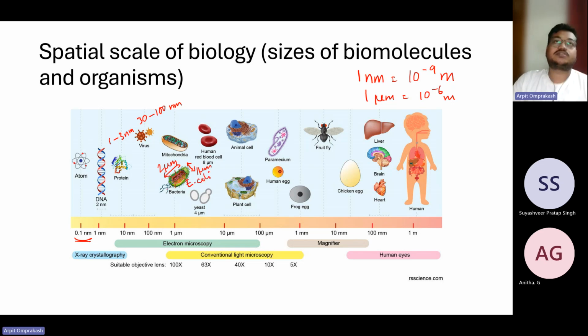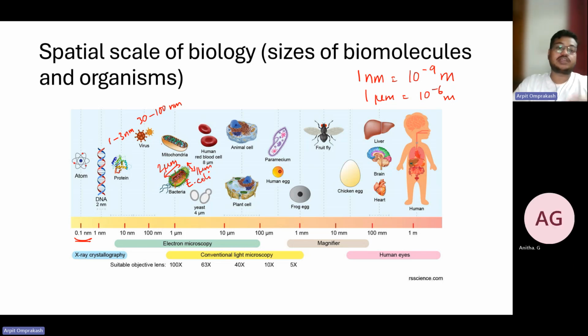Some of these sizes are important for us to remember, or at least to remember a ballpark figure of these, because sometimes we might need to make some estimations, make some calculations like we'll do later in the lectures. So basically, these sizes help us have a reference point from where we can start making calculations, right?